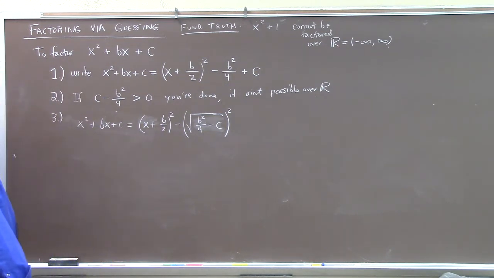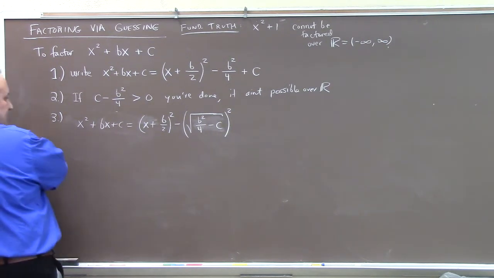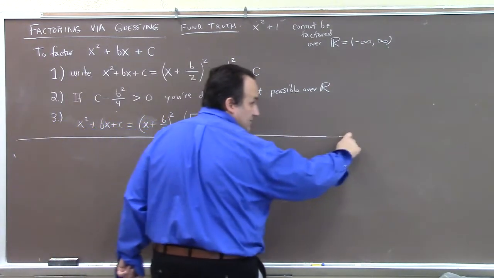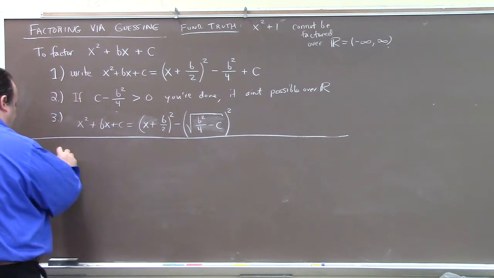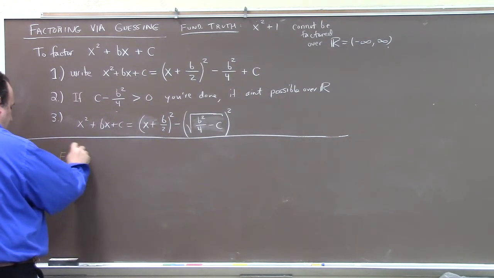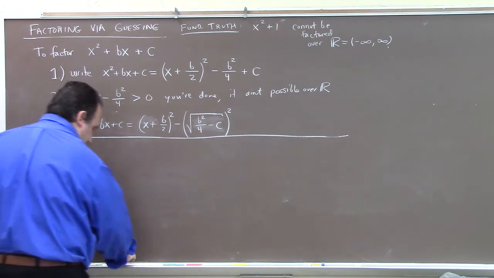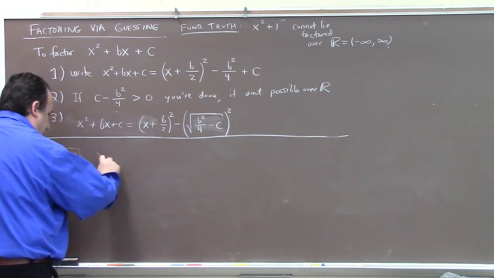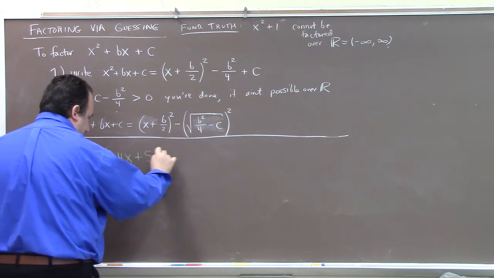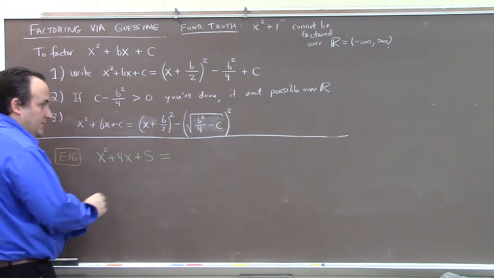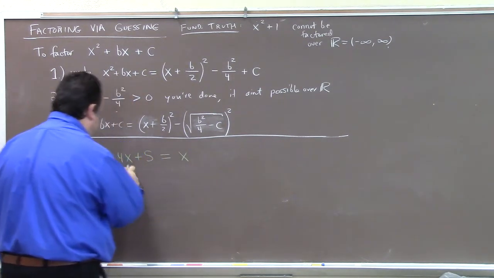Listen, I'm writing the general algorithm here, but this is actually much easier when you do it for examples. So, example. We looked at x squared plus 4x plus 5, right? So what we're going to do is take half of 4.